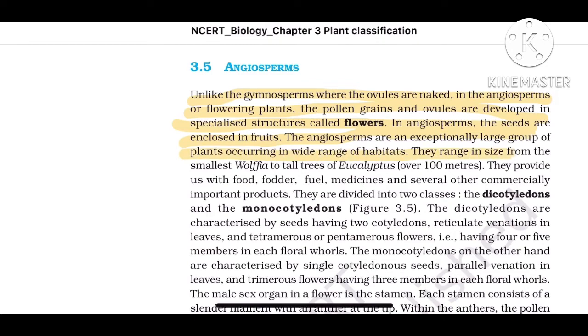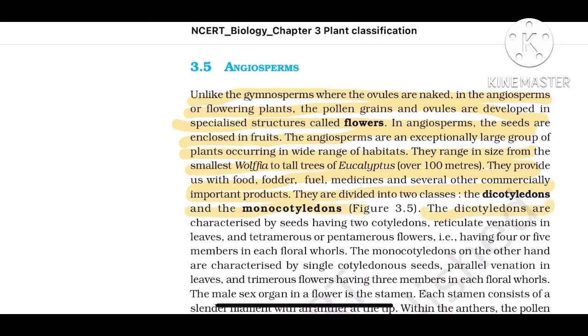They range in size from the smallest Wolffia to tall trees of Eucalyptus. They provide us with food, fodder, fuel, medicines, and several other commercially important products. They are divided into 2 classes, the dicotyledons and monocotyledons.